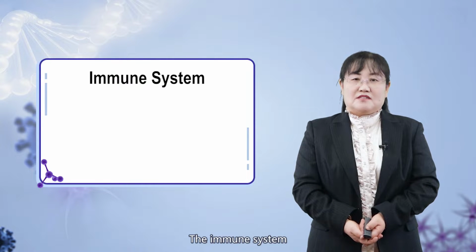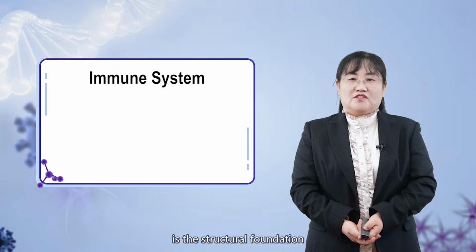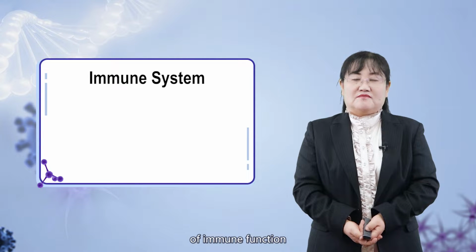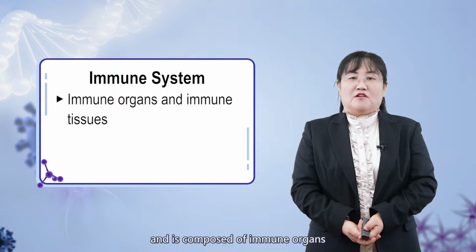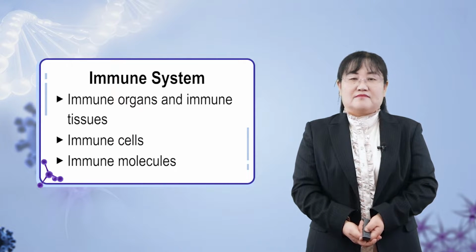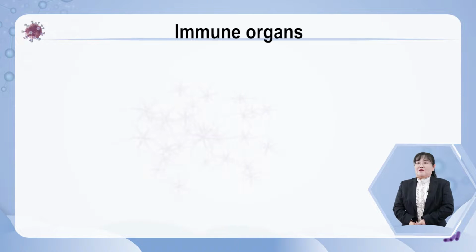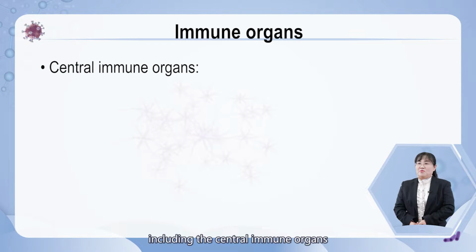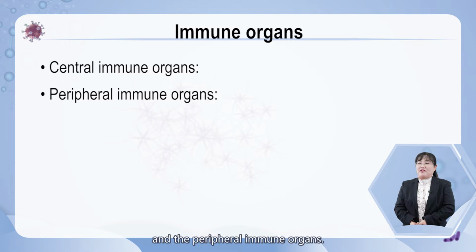The immune system is the structural foundation of immune function and is composed of immune organs and immune tissues, immune cells, and immune molecules. Based on their functions, immune organs are divided into two groups, including the central immune organs and the peripheral immune organs.